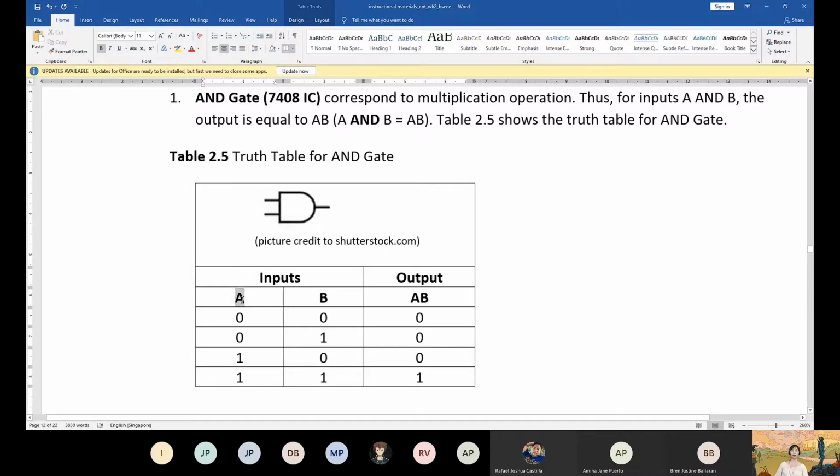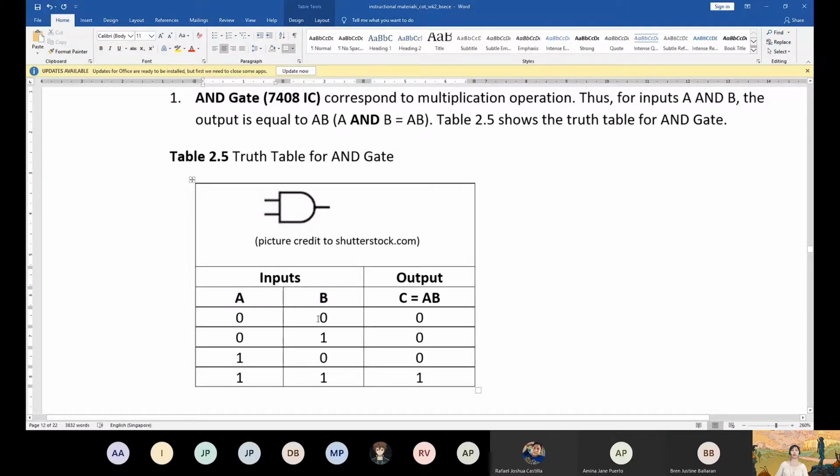We have two inputs. These are the inputs on this side, 1 and 2, and this is the output. Let's say you have inputs A, B, and the output is C. So your C is equal to AB. With two inputs we have 2 raised to n, so 2 raised to 2 is 4.